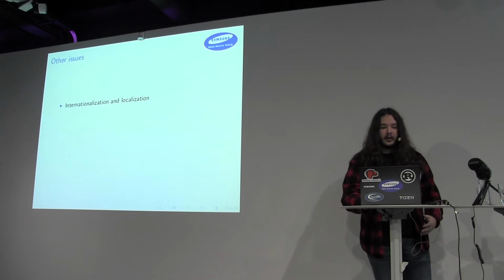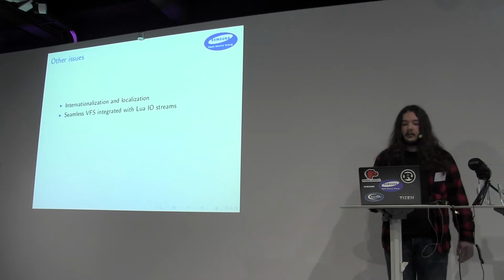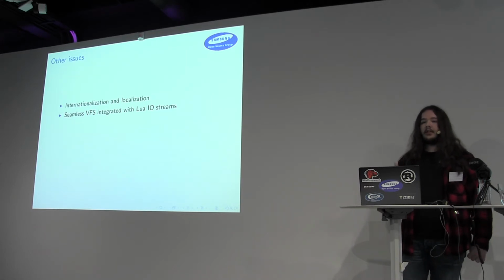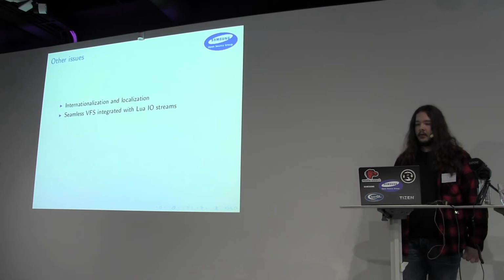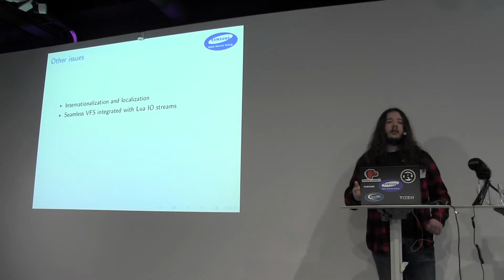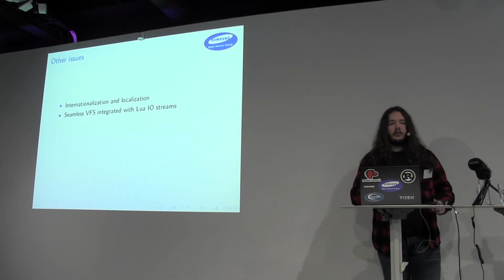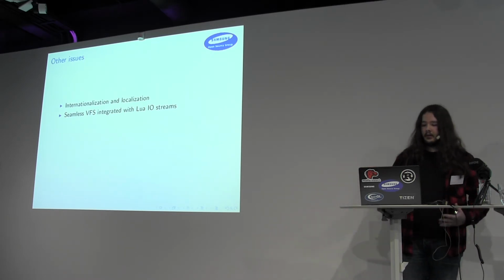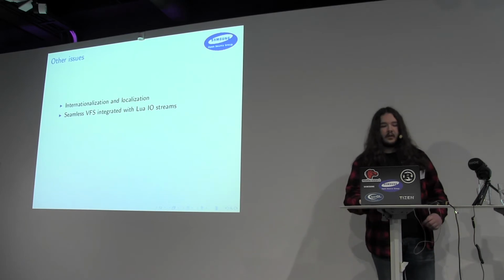So we need to figure out some custom way to deal with this. We need seamless VFS for those packaged applications with the same APIs, standard Lua IO streams. So if you try to open a file with a VFS location using io.open, it has to work. It has to feel just like normal Lua.